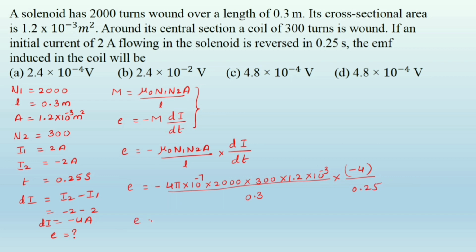So E equal to, minus into minus will be plus, multiply all the values and divide by 0.3 and 0.25. So we can get 0.048 volt, or according to the option we can write 4.8 into 10 raised to minus 4 volt. So the option C is right.